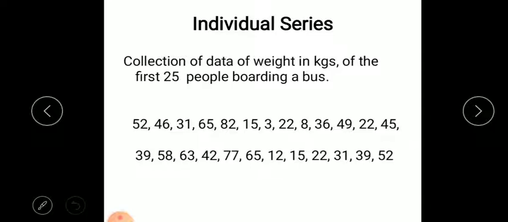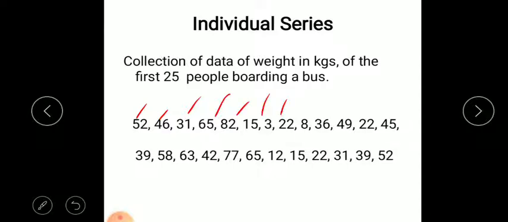Let us see. For example, a collection of data of weight in kgs of the first 25 people boarding a bus. Suppose there is a bus and you want to note down the weight of the first 25 people. First person to get up is 52 kg, second person 46, third 31, fourth 65, fifth 82, sixth 15.